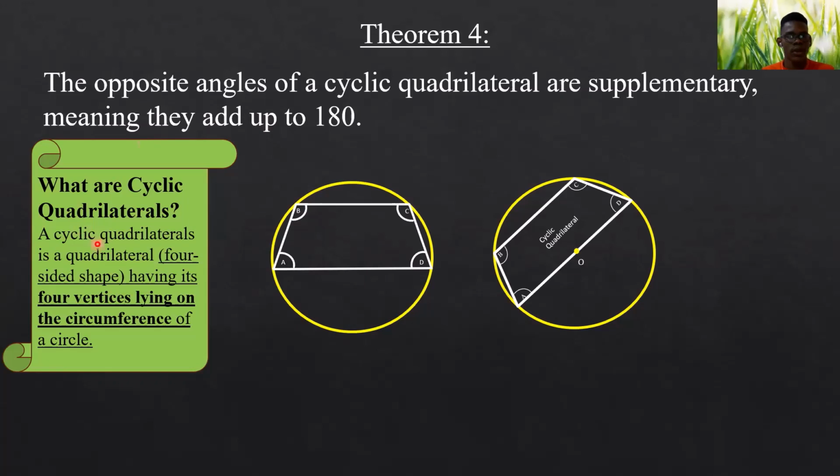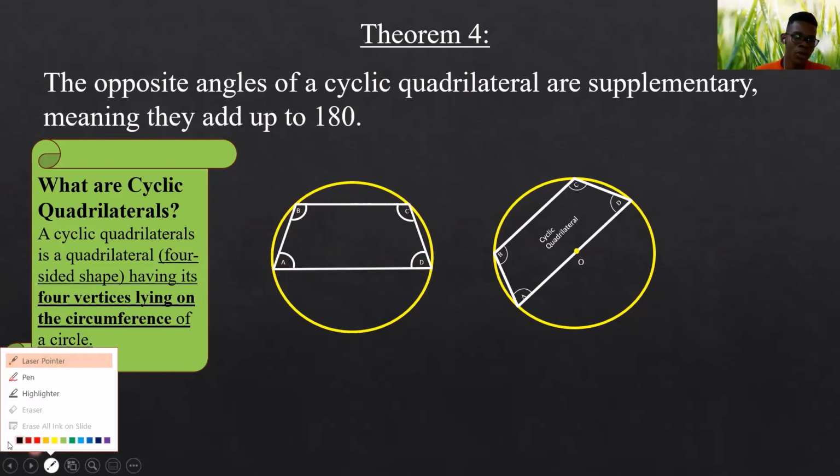A cyclic quadrilateral is a quadrilateral, again a 4-sided shape, having its vertices lying on the circumference of a circle. So it is a quadrilateral located inside a circle, but we need to ensure that all four vertex points land on the circumference of a circle.